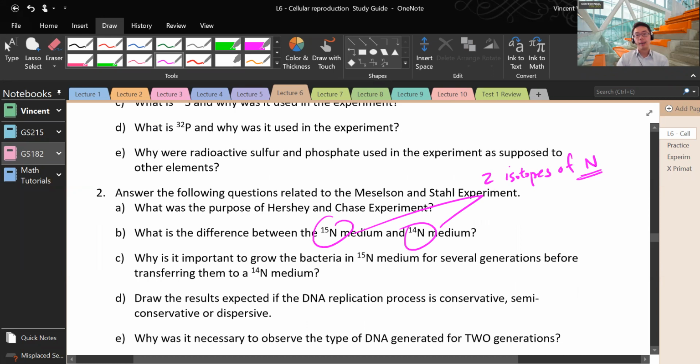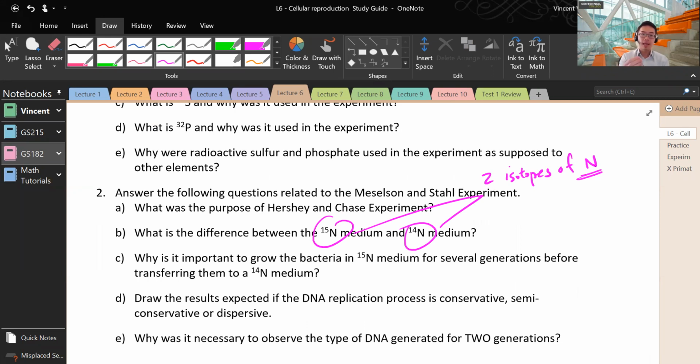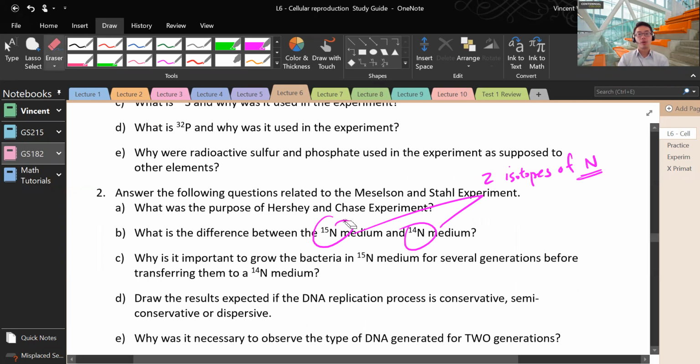Isotopes are atoms of the same element, but with different mass, because of the difference in number of neutrons. So nitrogen 15 is a little bit heavier than nitrogen 14, right?